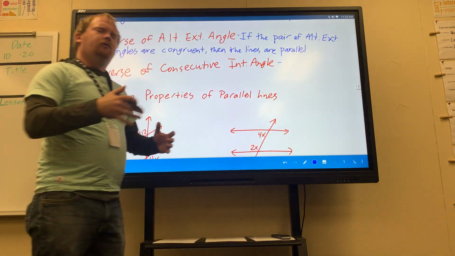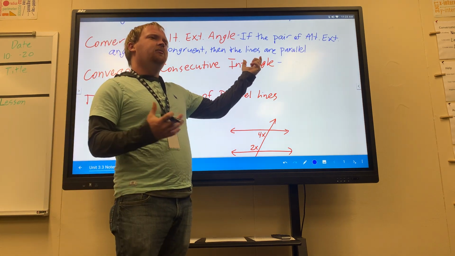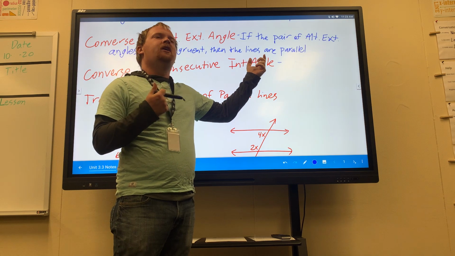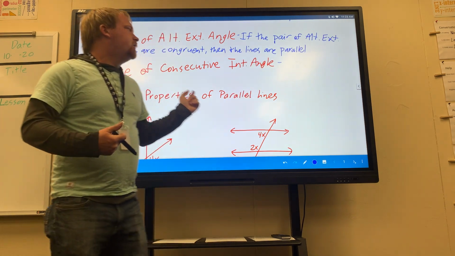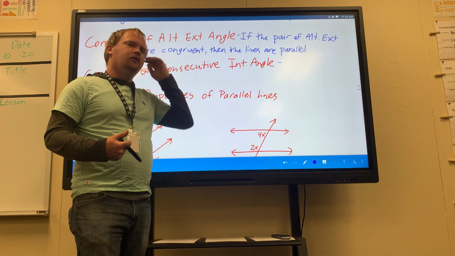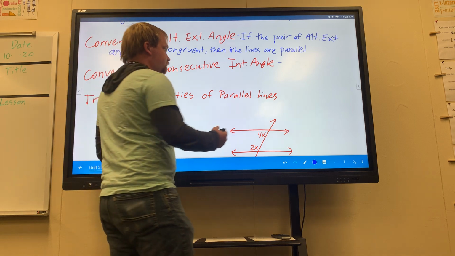Now, if we recall, consecutive interior angles doesn't mean that both angles are congruent. It's just that both angles add up to 180. So this is the only pair of angles where the angles are not congruent. They only add up to 180.